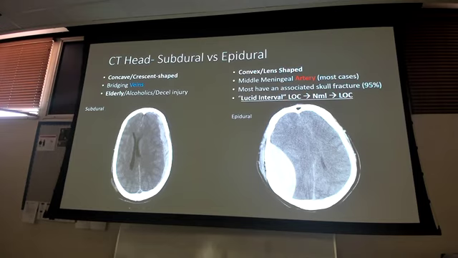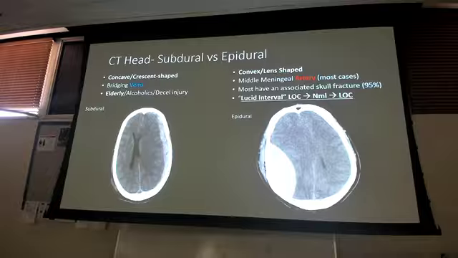Okay. Here is a slide that I made for you guys because I like you, and I just want to put both of them side by side for you. Okay? What causes it? First of all, trauma in most cases, but one bleed comes from the bridging veins. The other bleed comes from the meningeal artery. So one's a venous bleed, one's an arterial bleed.